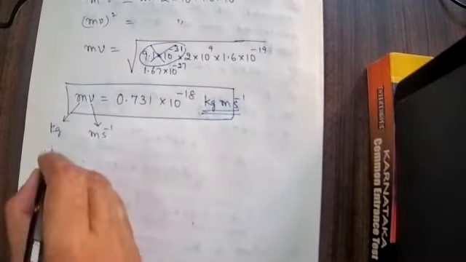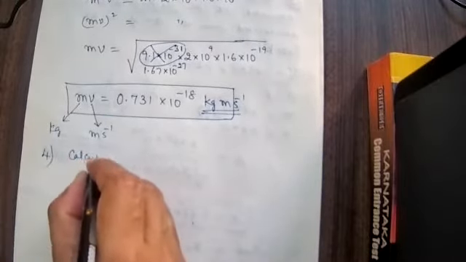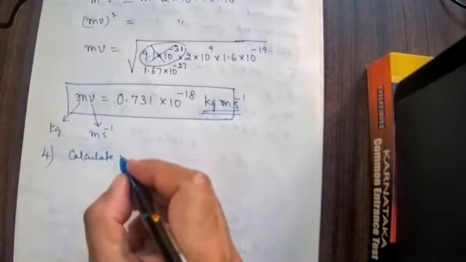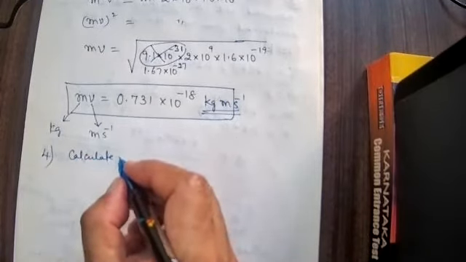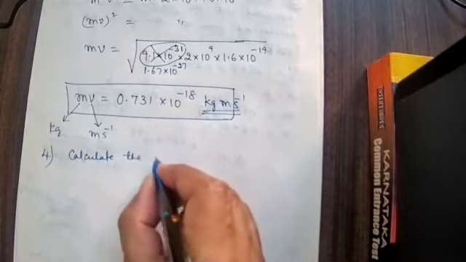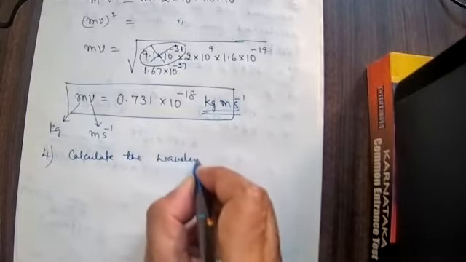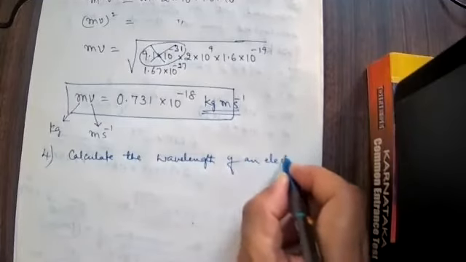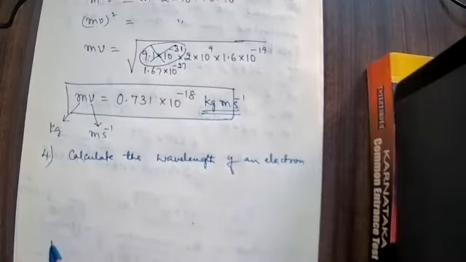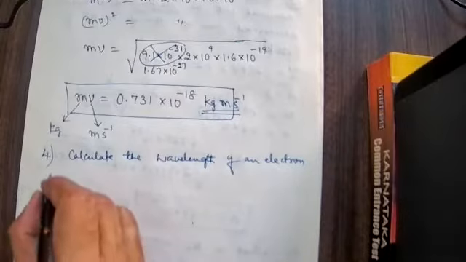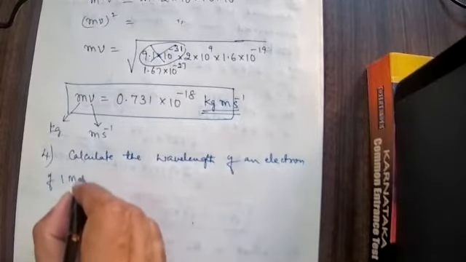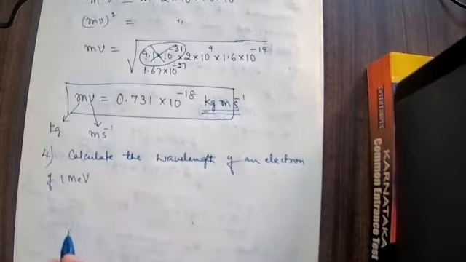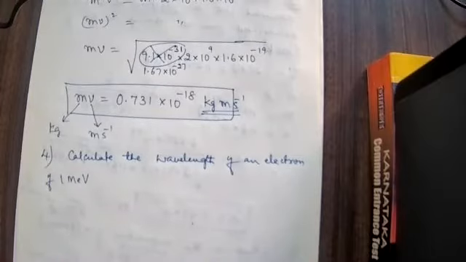Calculate the wavelength of an electron of 1 MeV. Of course, you should not take the relativistic mass.